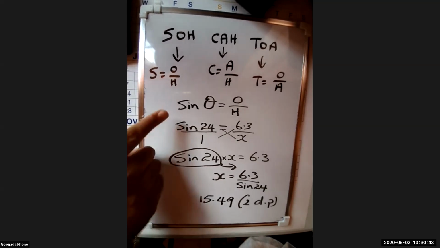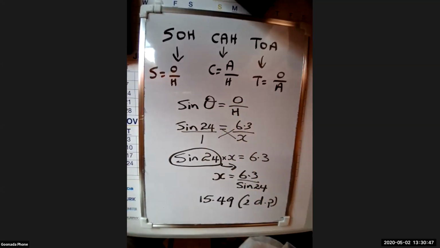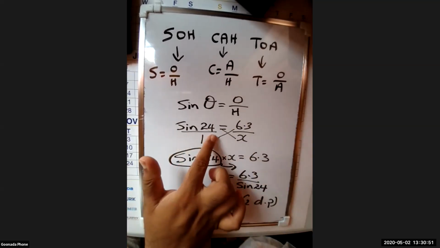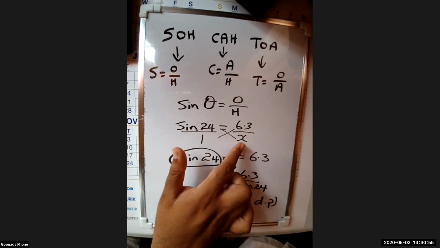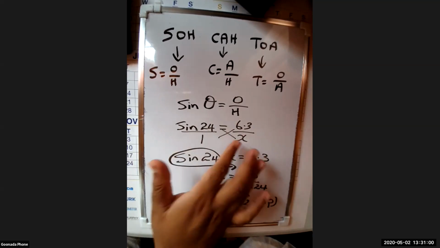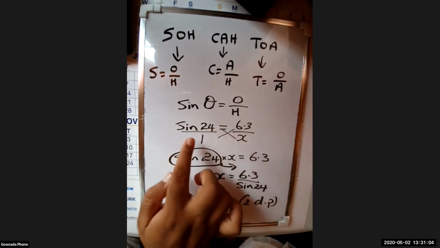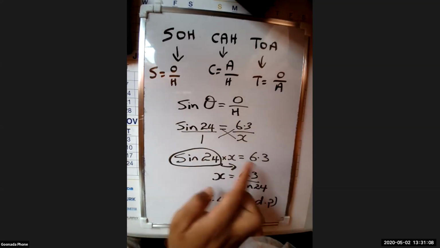Okay, so Joshua, sine theta is equal to opposite over hypotenuse. In this case, they give us the angle as 24. So sine 24 is equal to 6.3 over x. Since the unknown is at the bottom, we can't just take this and fling it across here because that will give us an incorrect answer. So we have to cross multiply. So sine 24 multiplied by x is equal to 6.3 by 1, which is equal to 6.3.